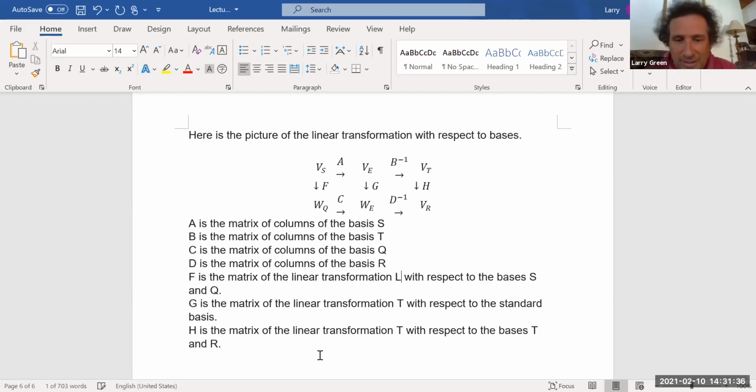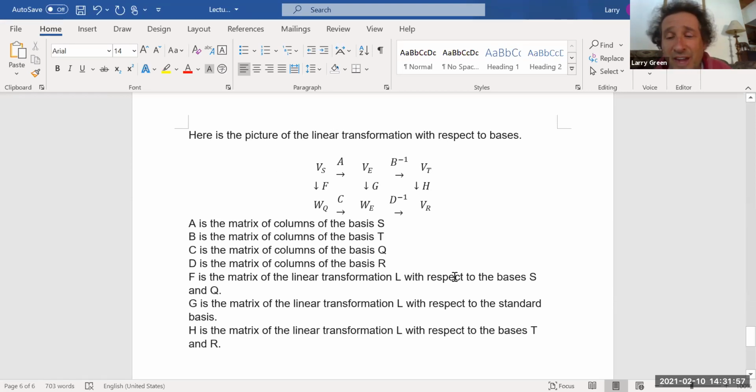L for linear transformation is better, because I've already used T for a basis. So H is going to be the matrix for the linear transformation L with respect to the bases T and R.